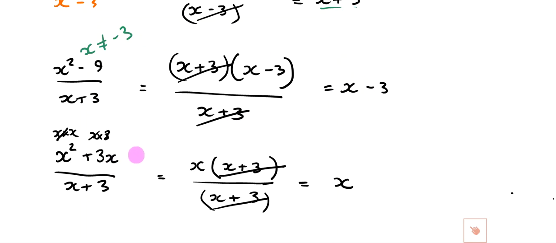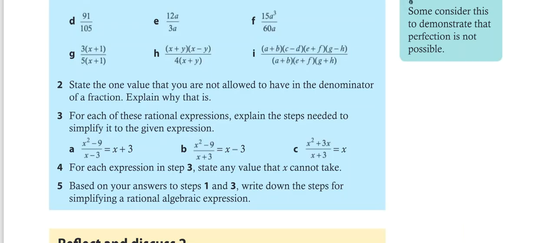In this case, again, x is not allowed to equal -3, but it is there. So that's what we mean by state the restrictions, but you must state the restrictions before you do the simplification.